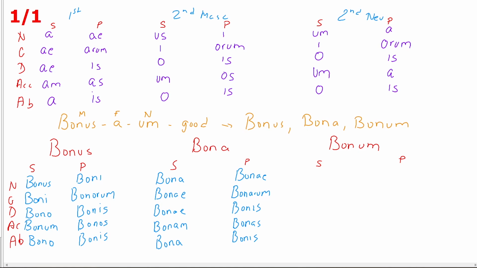Similarly, when we come to the neuter, bonum for the nominative singular, genitive singular would be boni, then dative bono, accusative bonum, and ablative singular bono.